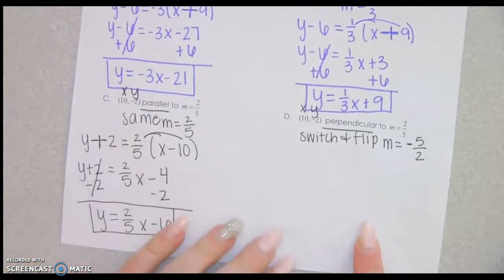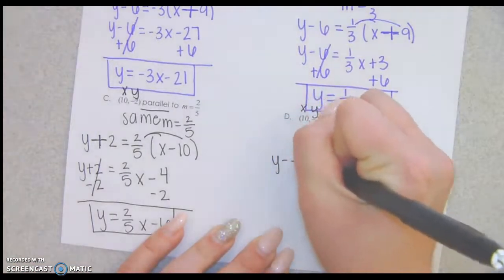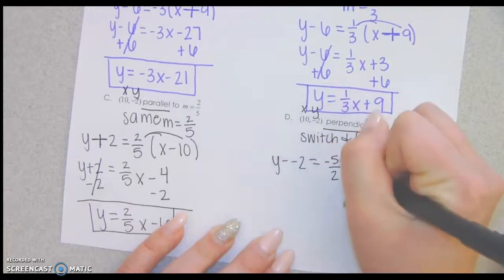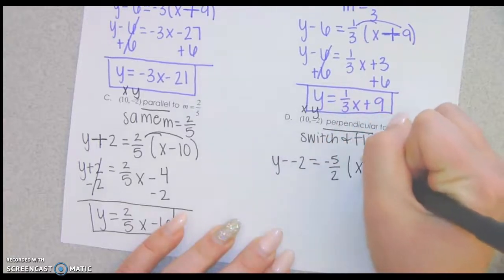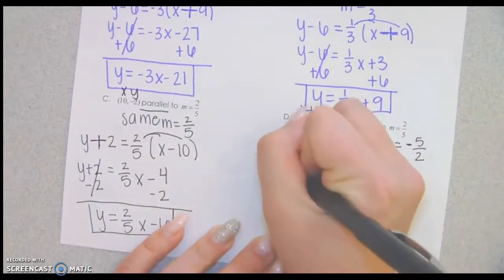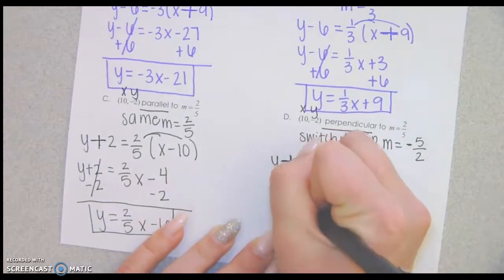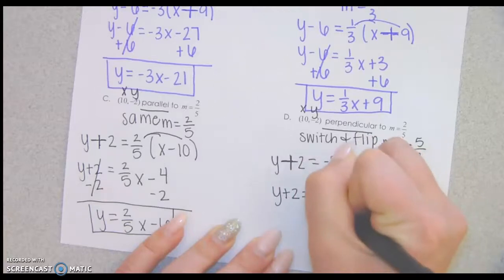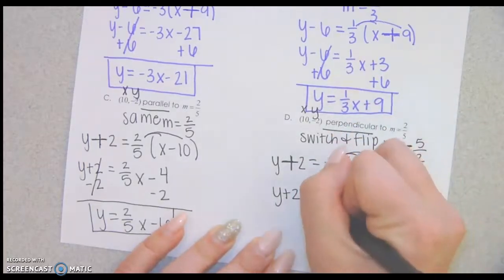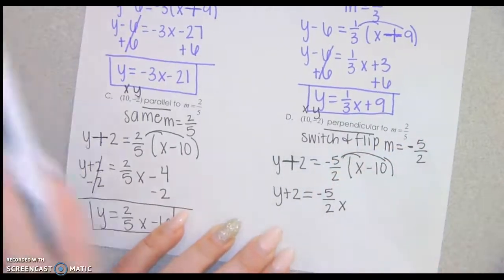Using the same formula we did over here, so we have y minus -2 equals -5/2 for m times x minus 10. Our 2 negatives become a positive, so we have y plus 2 equals, distribute your -5 halves, so -5/2 x.